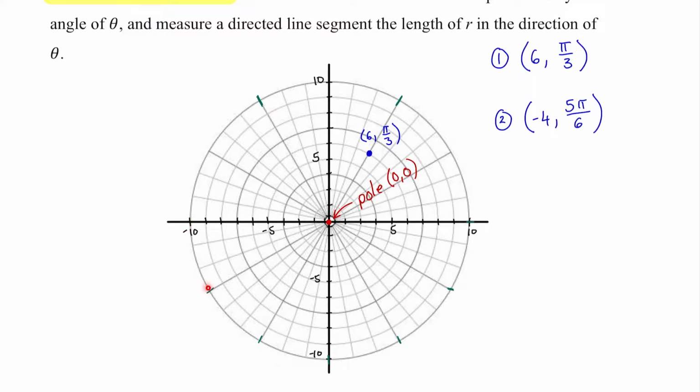This is 1 pi over 6, 2 pi over 6, 3 pi over 6, 4 pi over 6, 5 pi over 6, and 6 pi over 6. So I start at my -4 here, 1 pi over 6, 2 pi over 6, 3 pi over 6, 4 pi over 6, 5 pi over 6. So this is the point -4, 5 pi over 6.